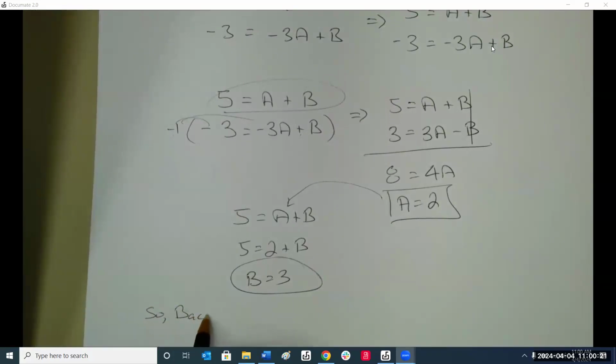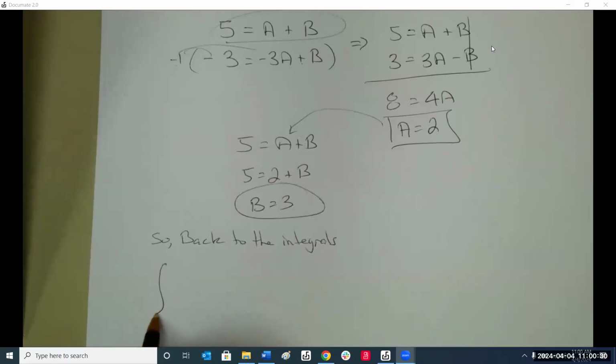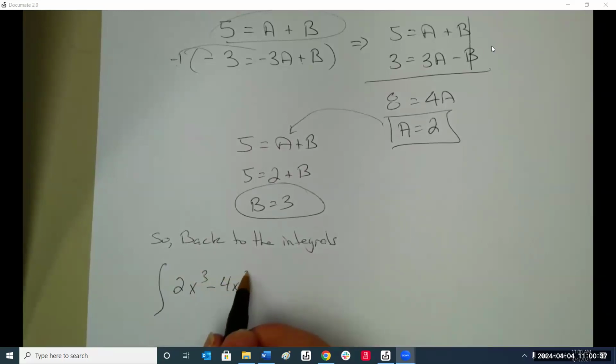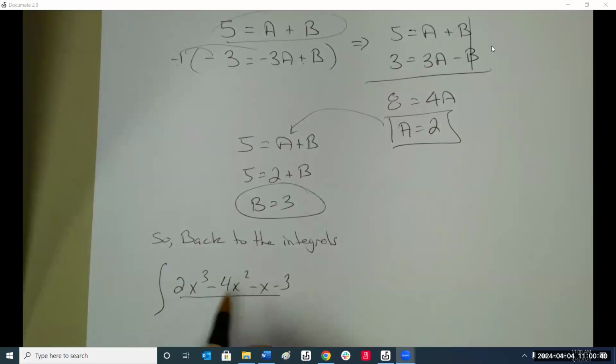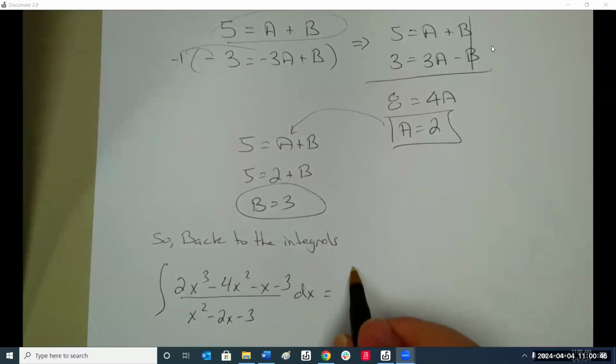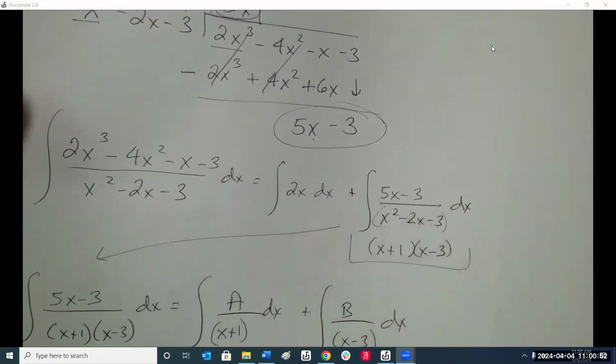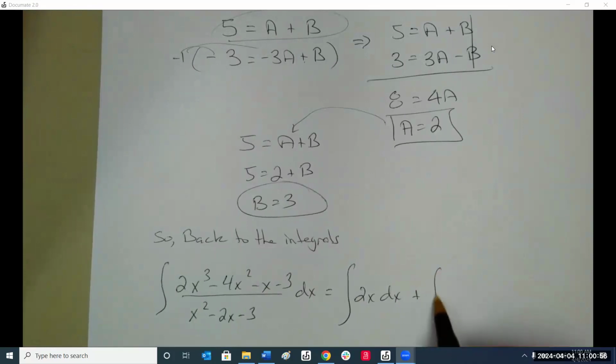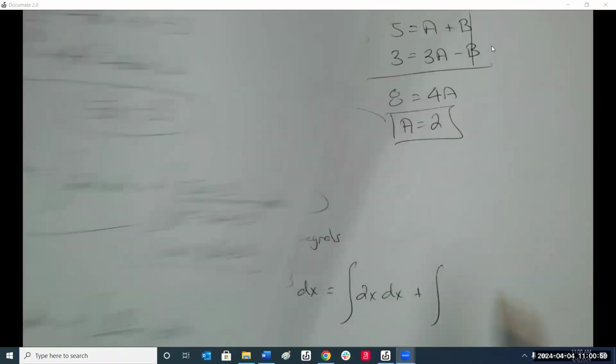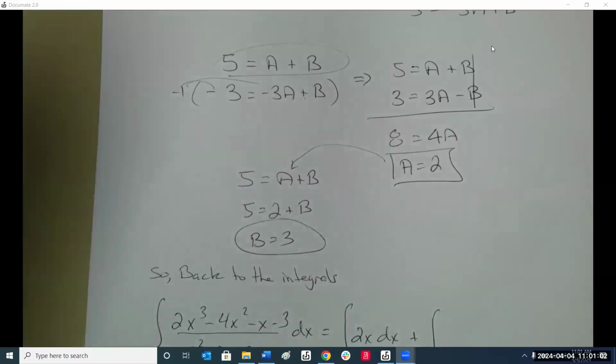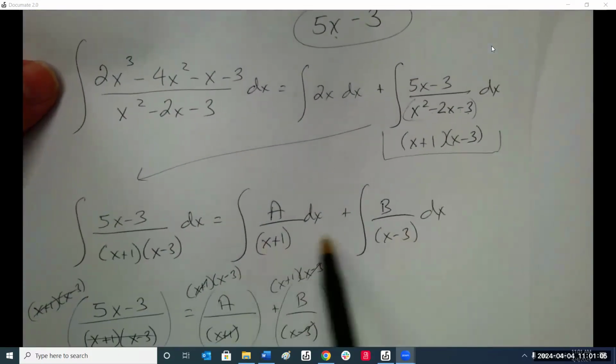So back to the integrals. We knew we had the integral of 2x cubed minus 4x squared minus x minus 3 over x squared minus 2x minus 3 dx is equal to the integral of 2x, this right here, plus this one, factor out to this.